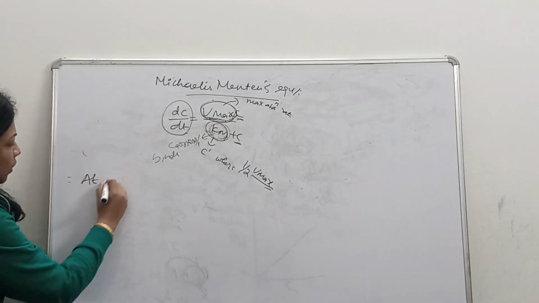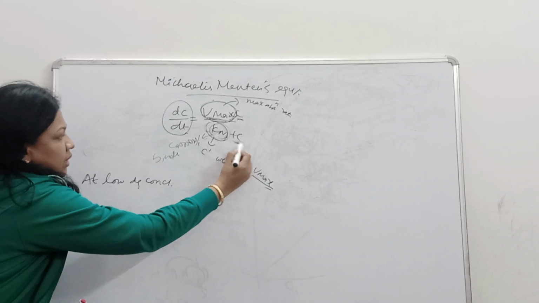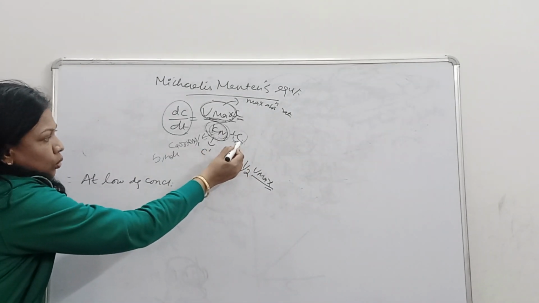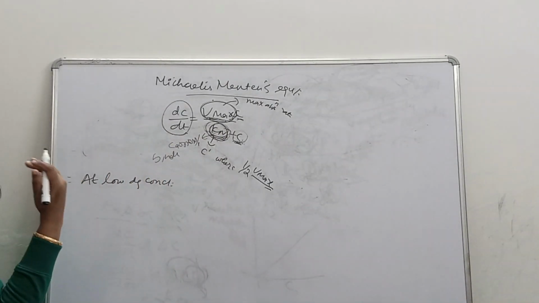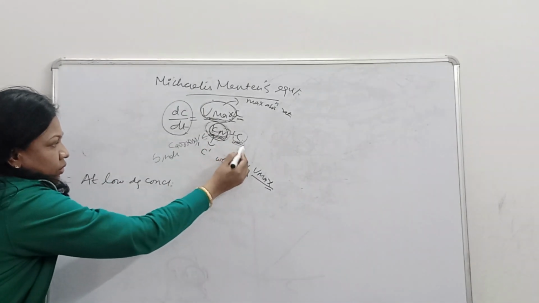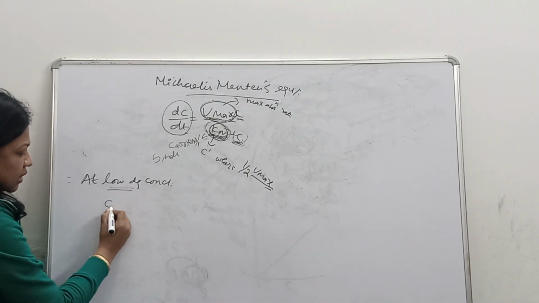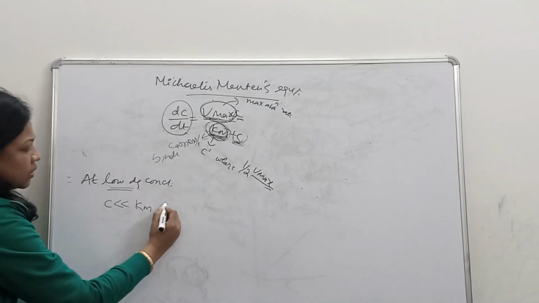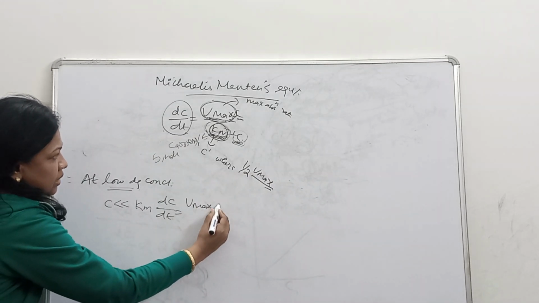So at low drug concentration, that means the concentration which is in the denominator, this is lower than that of the Km. Km is the concentration of carrier. That is, the carrier concentration is greater than that of the drug's concentration. So at low concentration, that is concentration is lower than Km, the equation will become dC upon dt is equal to Vmax C upon Km.